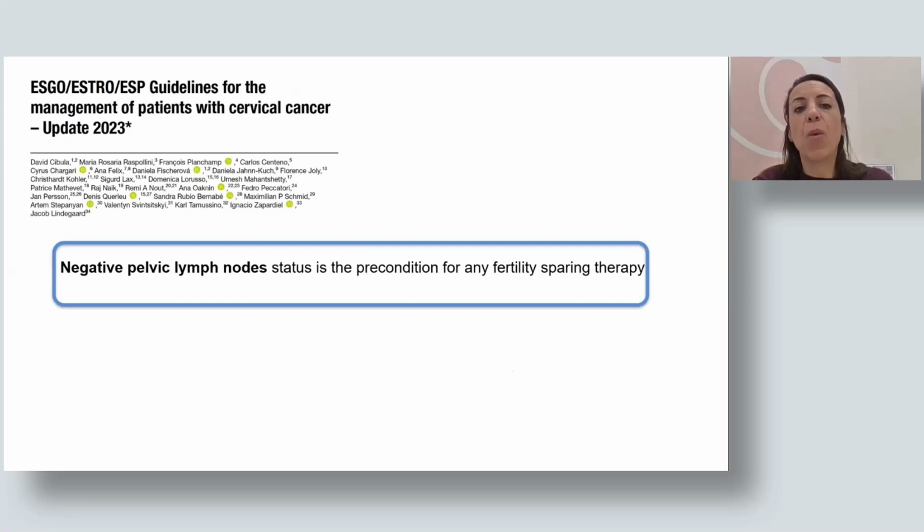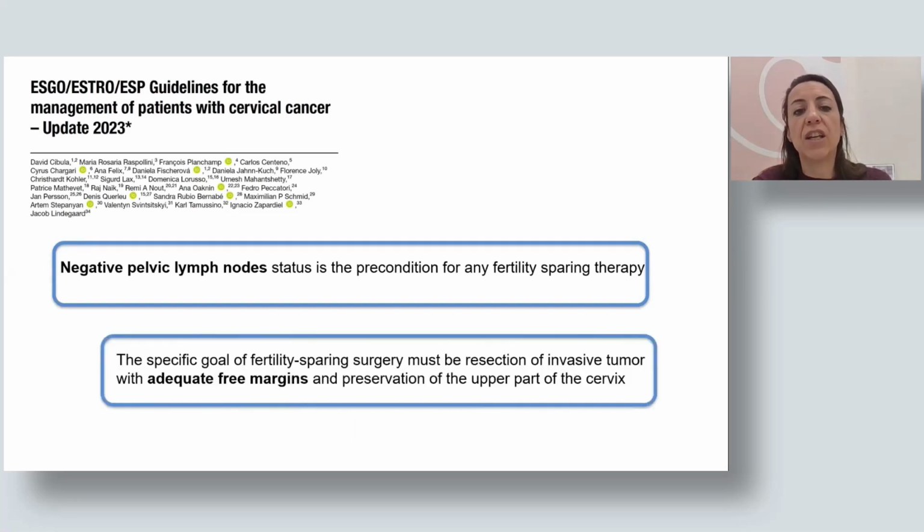It's possible when the lymph node status is negative, and it's important also to obtain adequate free margins of the cervix, and also preservation of the upper part of the cervix.